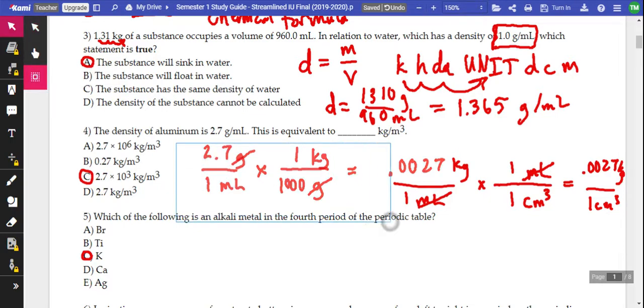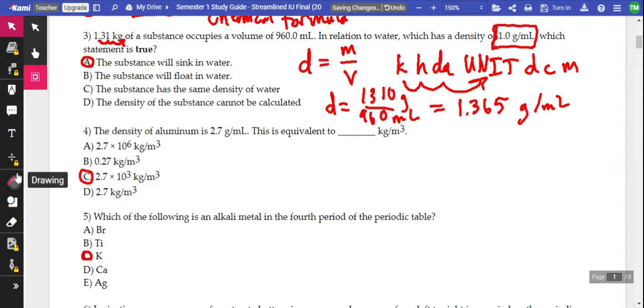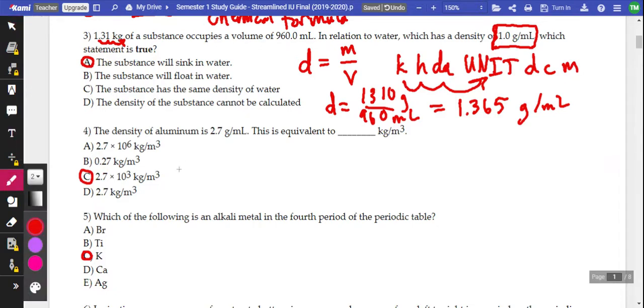Let's cut this all out here. So 0.0027 kilograms are in 1 cubic centimeter. Now, if I'm going to convert this, what I want is cubic meters.